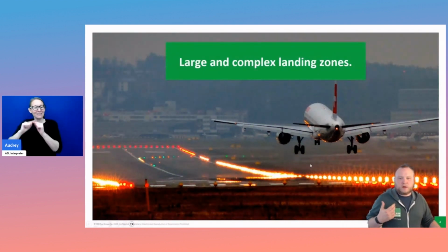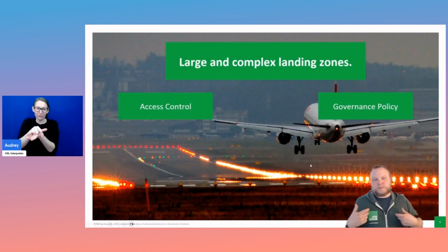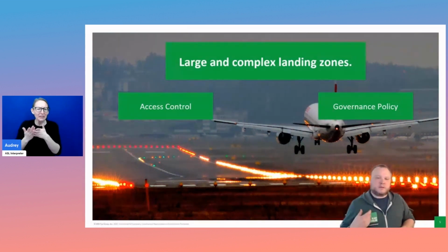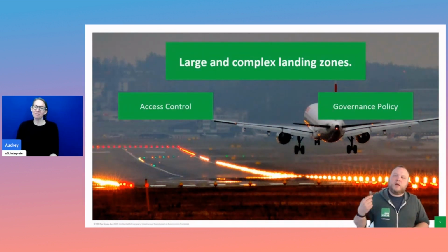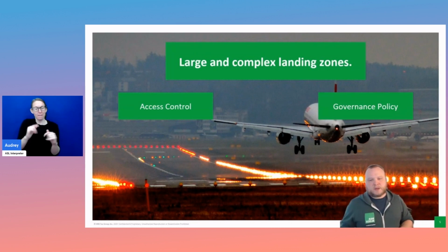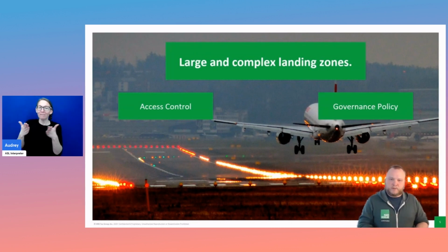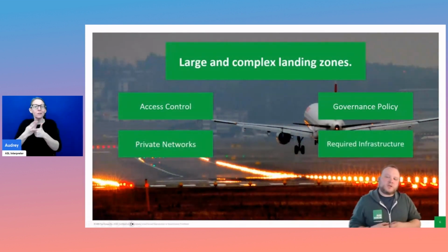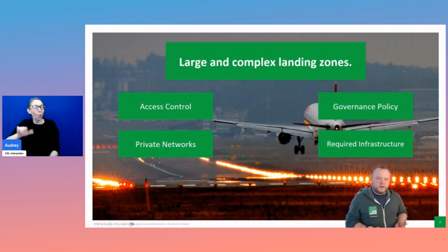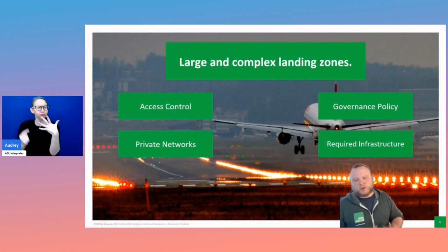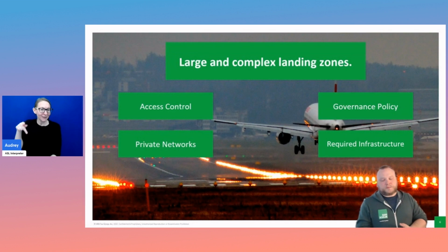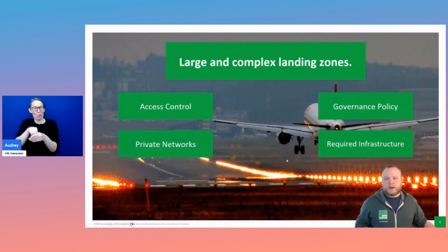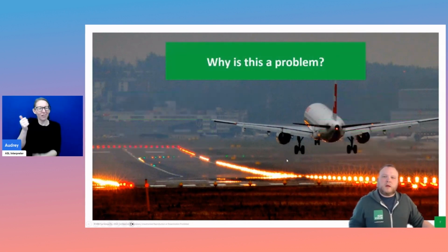This landing zone can contain a number of different things, not limited to, but including all of the SPNs and service accounts that the automation needs to deploy infrastructure, all of the governance policy, all of the guardrails, access to private networks, and all of the other required infrastructure needed in order to deploy an application. And that's also including the Terraform workspaces and everything else that goes with that.